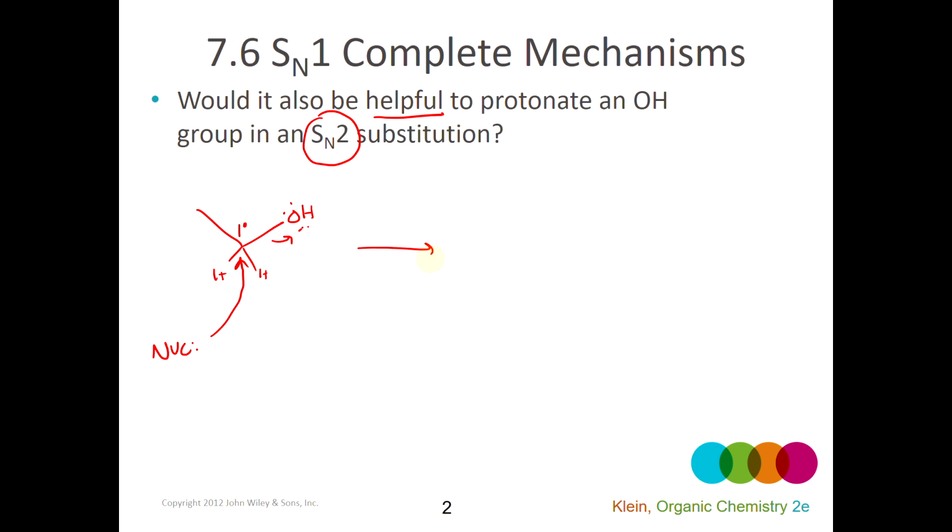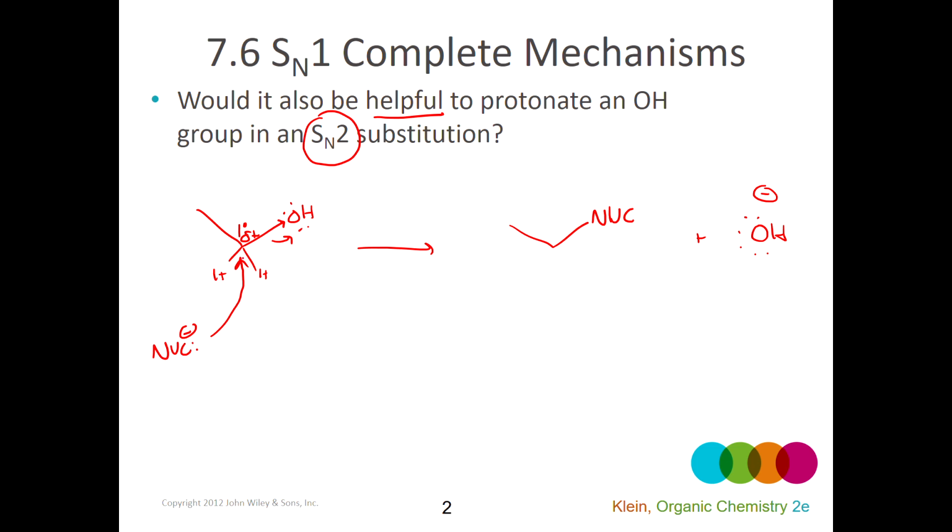So if I don't protonate that OH group first, I can still imagine the reaction happening where the nucleophile comes in and replaces the leaving group, but the leaving group is still unstable after it leaves. So that creates a situation where maybe this oxygen's electronegative enough to create a nice partial positive here, and that attracts the negative of the nucleophile in.